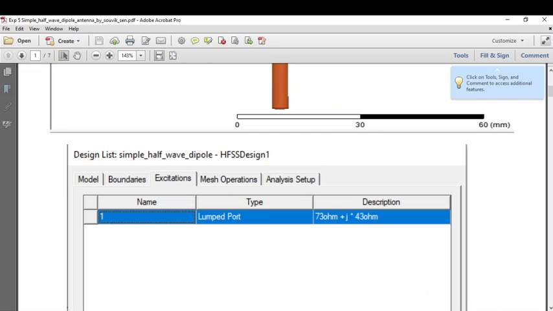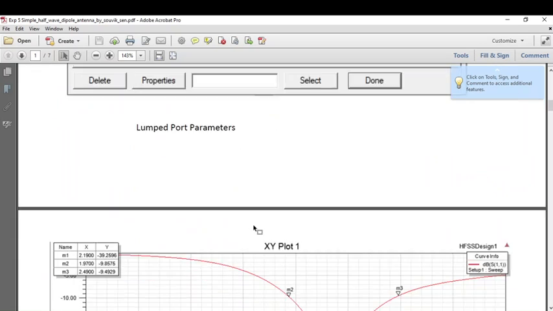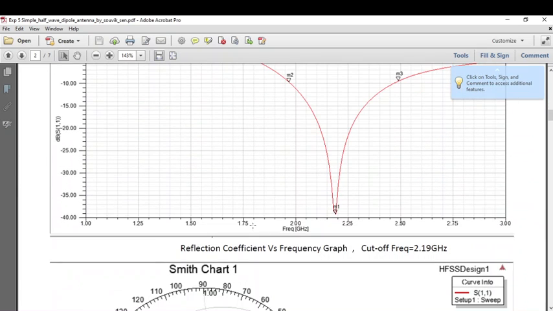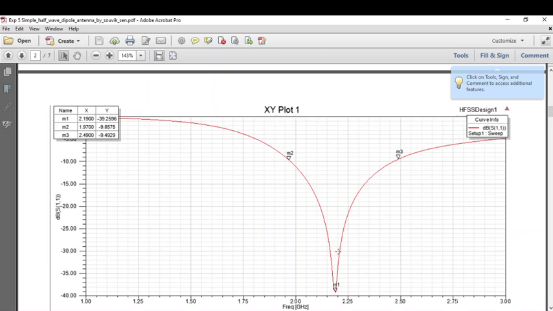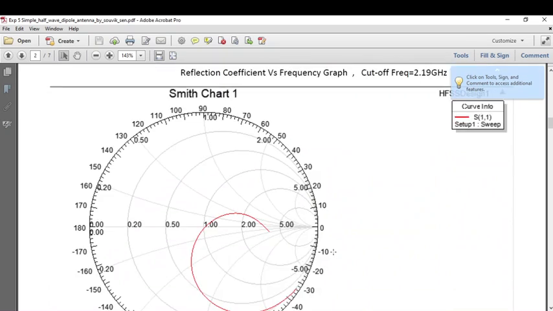We can include all these graphs like this and write under them what the upper cutoff frequency and lower cutoff frequency are, as well as the resonance frequencies, fractional bandwidths and bandwidths.